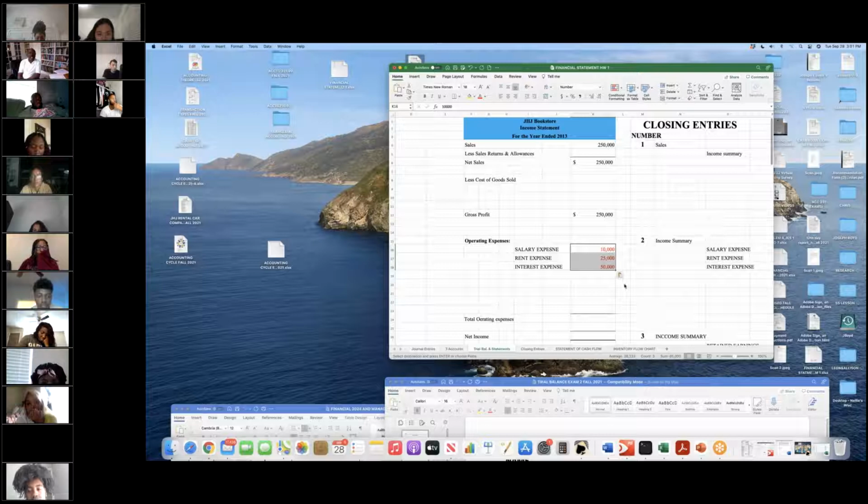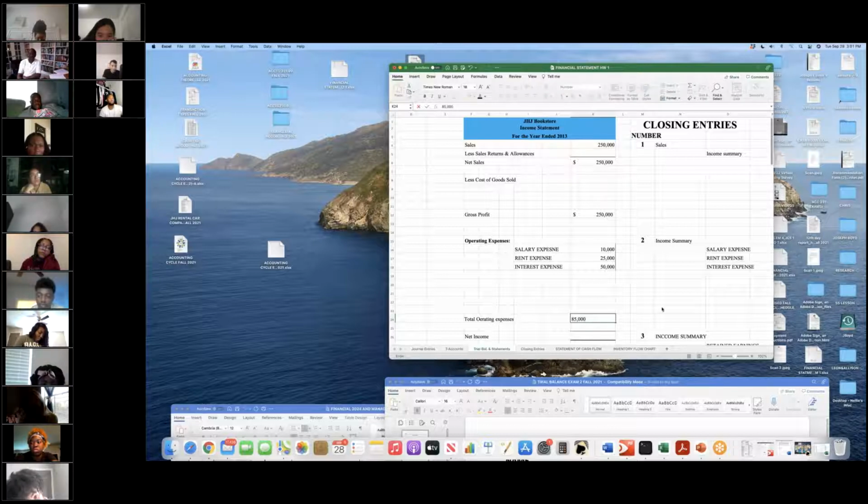And we now have an income statement. Okay, for the expenses. So we add these up, what do we get? 85,000. So the total expenses are 85,000. And if we subtract those from the sales, what's our net income? 105,000.